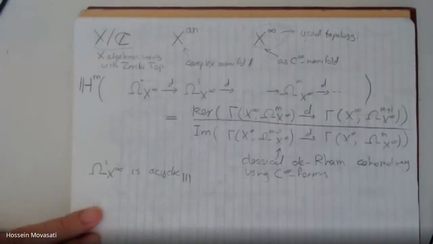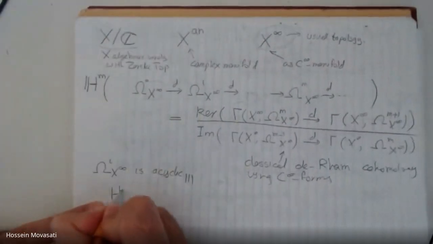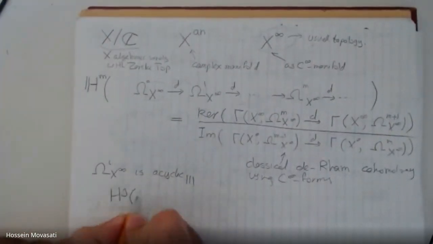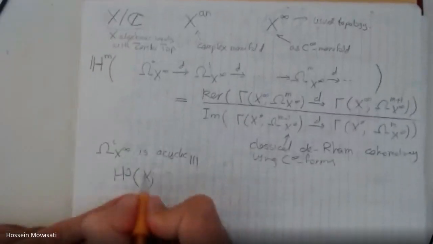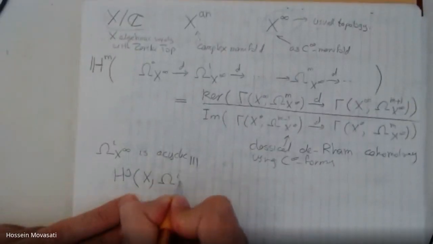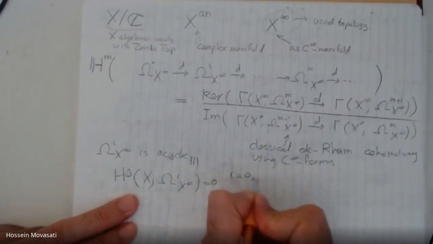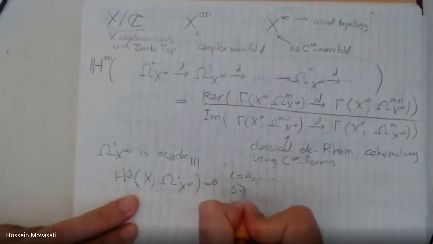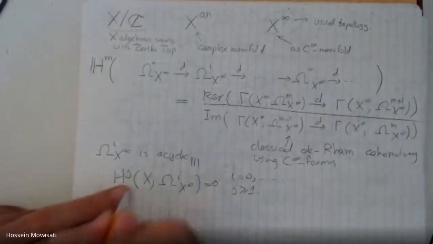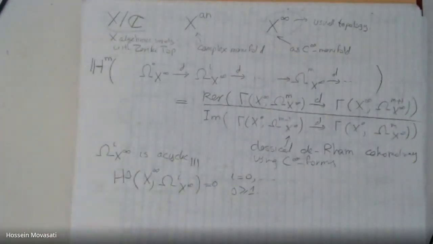What was this? This is the same as saying there is no Čech cohomology: H^q of Omega I X infinity is 0 for all I and all q bigger than or equal to 1. So let's put also infinity here.